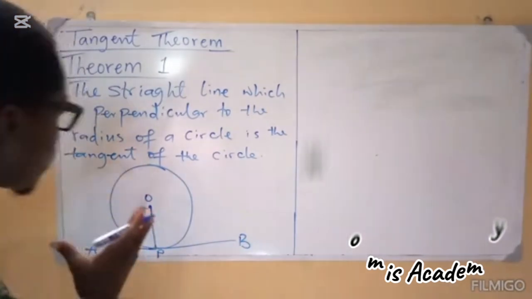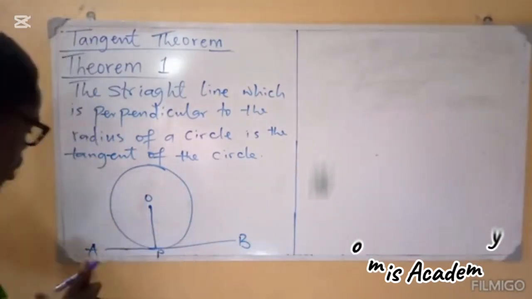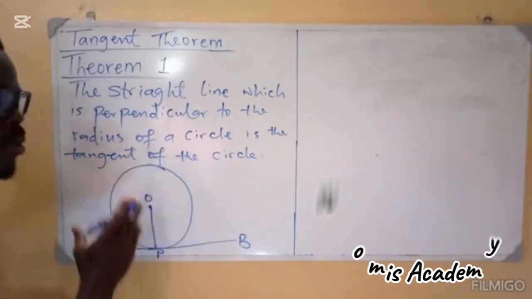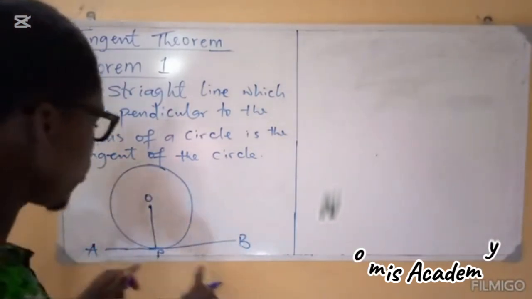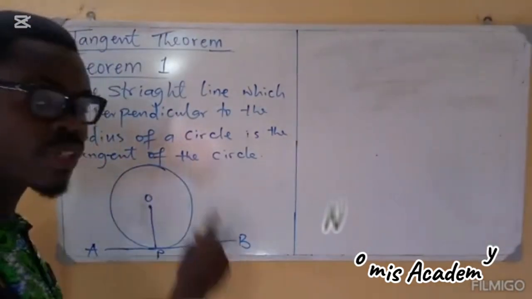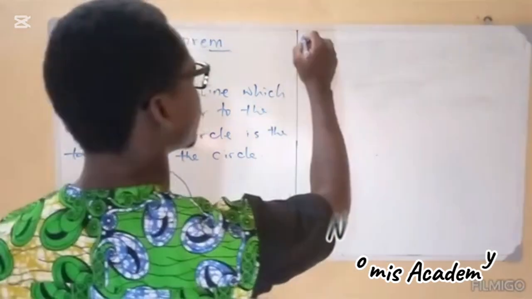In this theorem, we are going to show that of a truth, the straight line AB is the tangent to the cycle. Remember, the tangent of a cycle passes through just one point on the circumference of the cycle. Alright, so let's start with the proof.